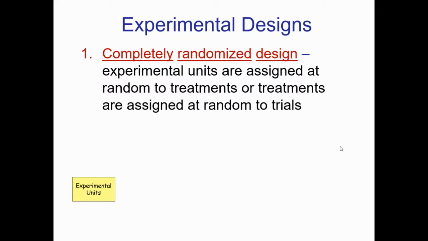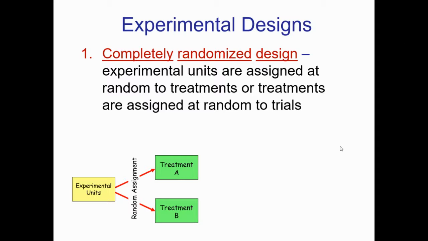So we have this flow chart that helps us to see the process. You start with your experimental units. And this is what you'll end up drawing in that blank under completely randomized design. You got your units. And then you have a random assignment into each of the treatments. So it splits off into your, assuming you only have 2 treatments.